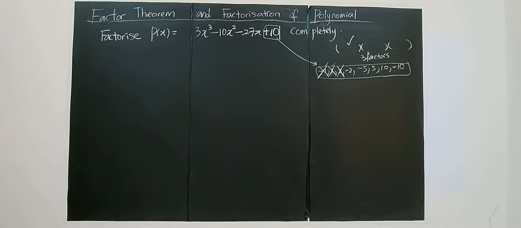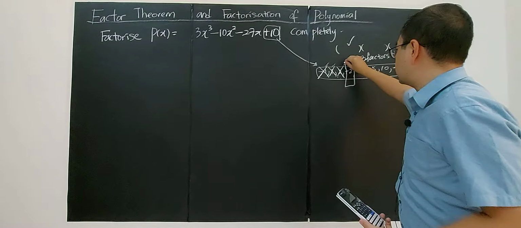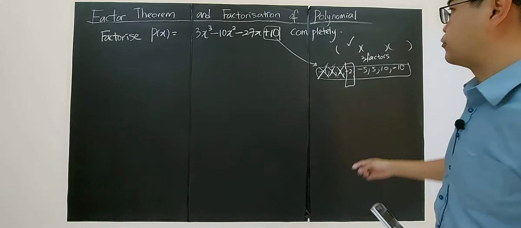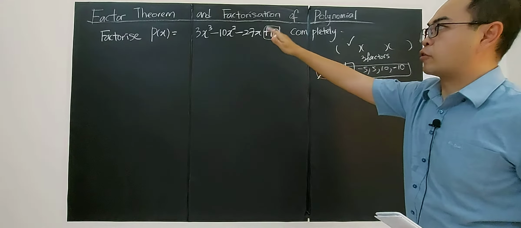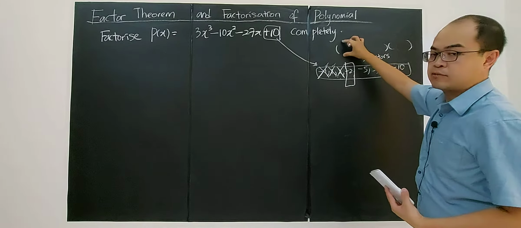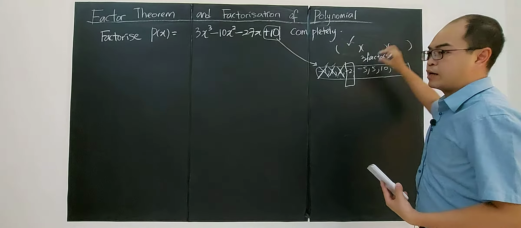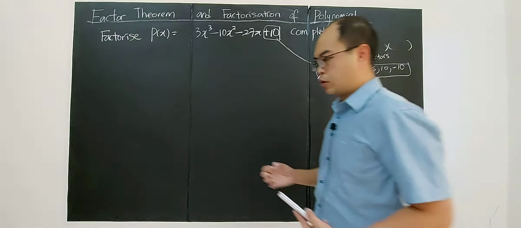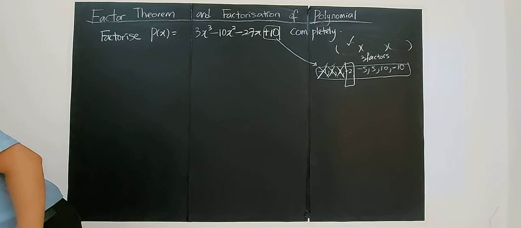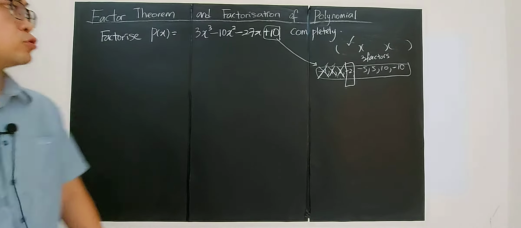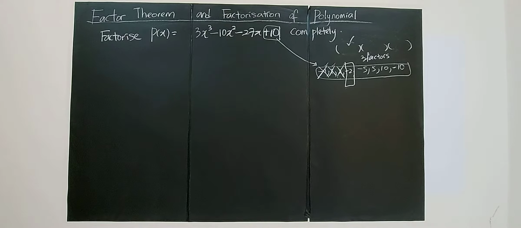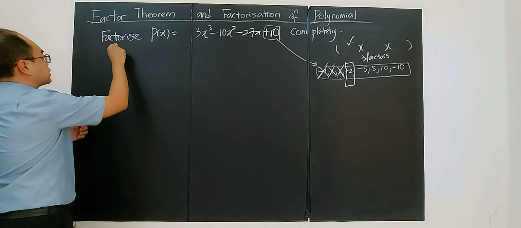I have already successfully found one of the zeros here. As I told you, for a cubic, you just need to know one of the factors. The remaining you can find by comparing coefficients or long division. So let's see how I want to solve this problem.